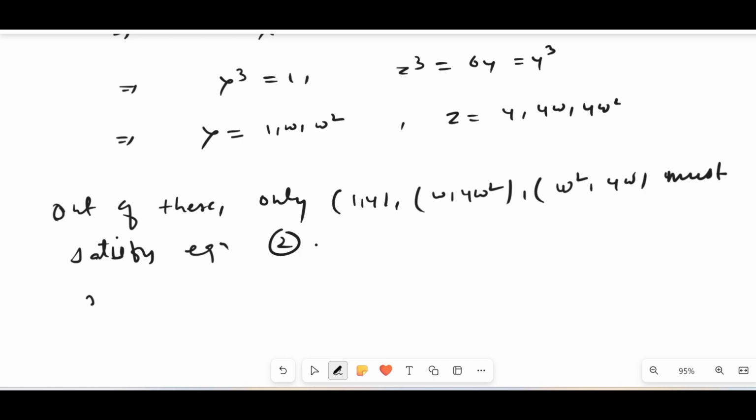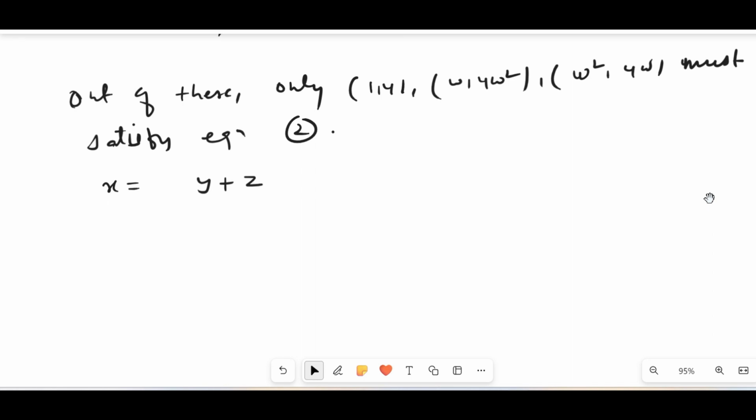So we can find the roots, that is x is equal to y plus z, and put all the values here, that is y plus z is equal to 1 plus 4, and here that is omega plus 4 omega square and omega square plus 4 times omega.